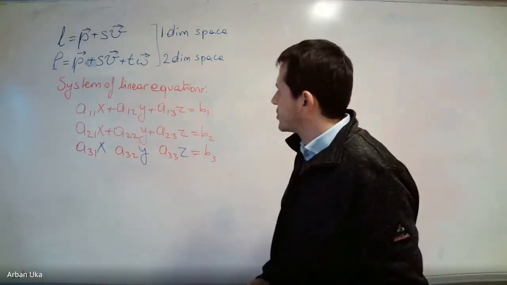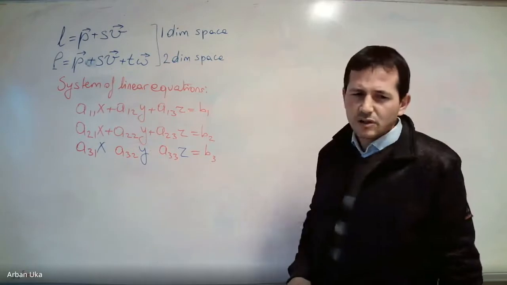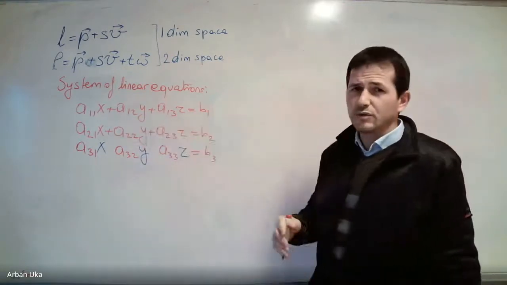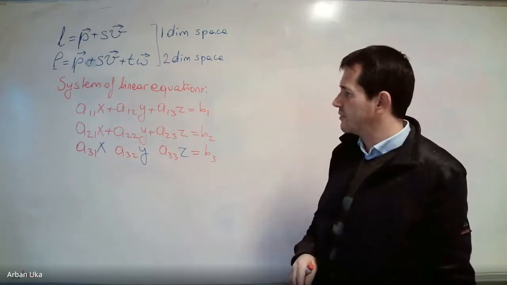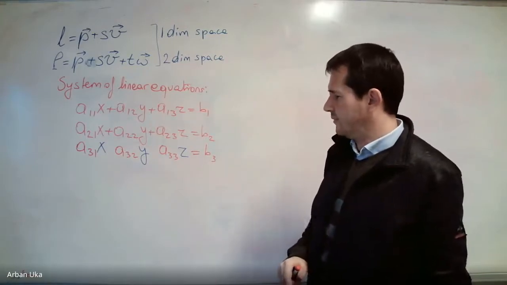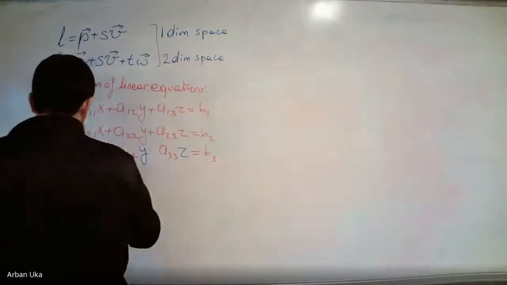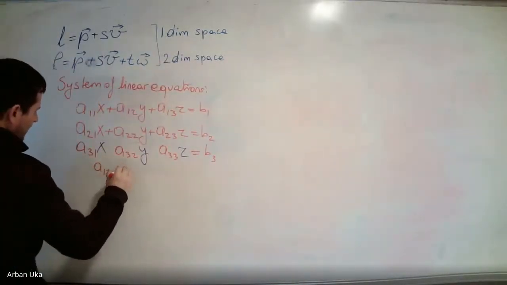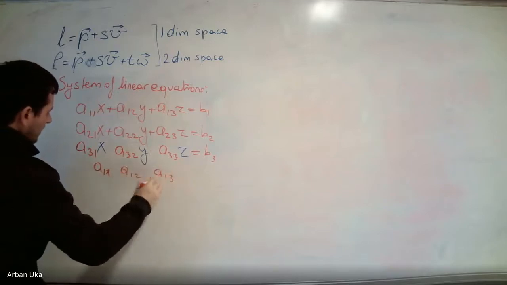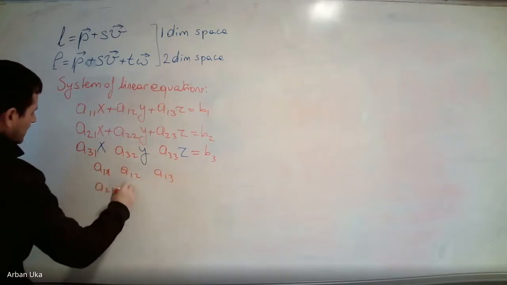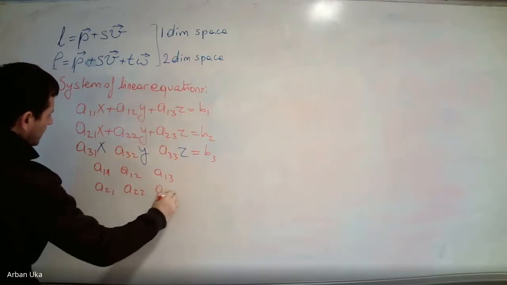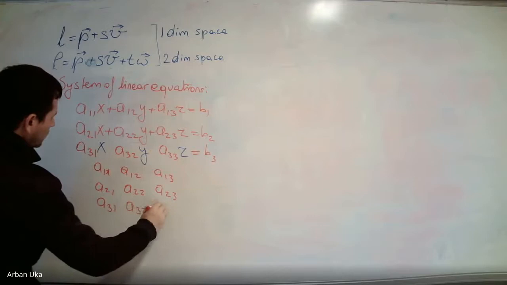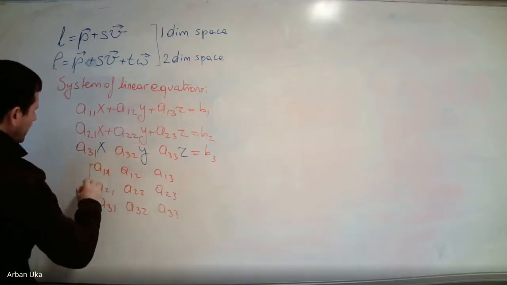Now you can see that there is a lot of repetition in these three equations. We have x, y, z. Why would you write them each time? They are the same thing. Rather than this, we can write just the coefficient values a11, a12, a13, a21, a22, a23, a31, a32, a33.